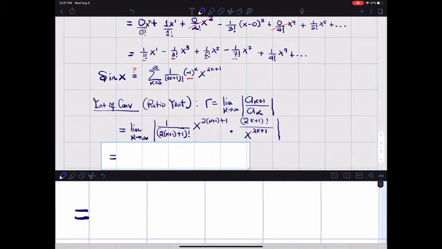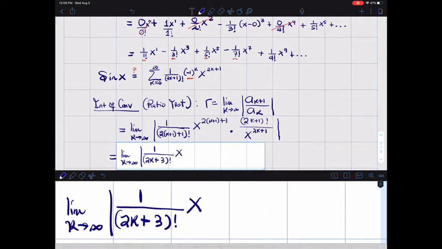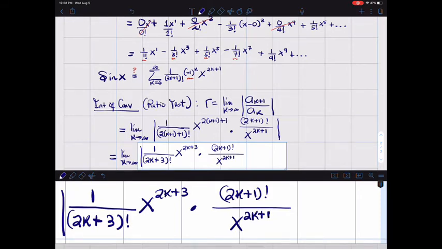So now let's look at this. This we can rewrite as the limit as k goes to infinity of 1 over (2k plus 3) factorial, x to the power of 2k plus 3, times 2k plus 1 factorial over x to the power of 2k plus 1.